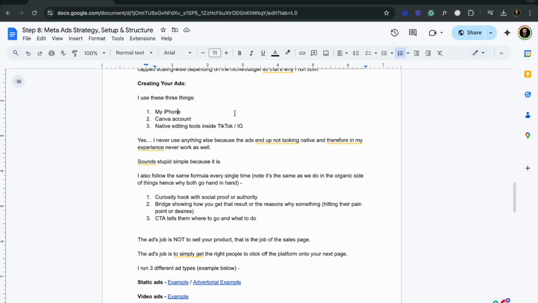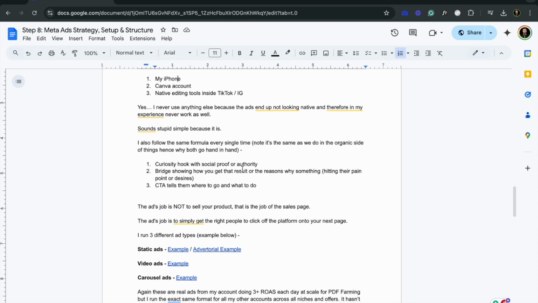I think part of that might be because we're using Instagram and TikTok's native platform, and the content looks like it fits in, so they want to push it more. That's my hypothesis. I haven't got any hard data to prove it, but just from all the spend that we do each day and over the last 10, 12 years doing this, that's my hypothesis, shall we say.